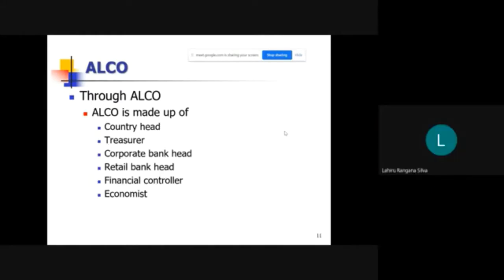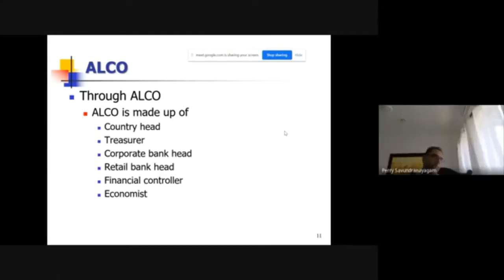So ALCO decisions are taken based on a bank policy paper, or it depends on the market conditions? Both. So the bank might have an overall policy around how they manage their risk, and that will be the blueprint. But if market conditions change and they decide they need to go beyond that process, then that decision will be done at ALCO. So I'll give you an example.